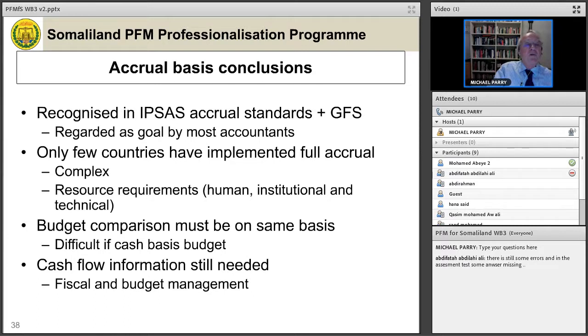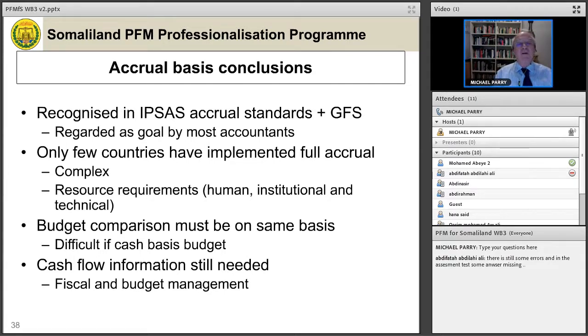Let's get some conclusions on this. First of all, on the accrual basis. The accrual basis is recognized in IPSAS accrual standards, and the IMF Government Financial Statistics, GFS, is based on accrual accounting. Most accountants regard accrual accounting as the goal for all countries. However, only a very few countries have fully implemented accrual accounting.